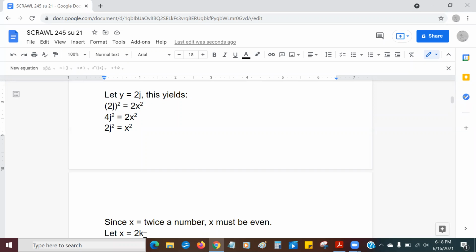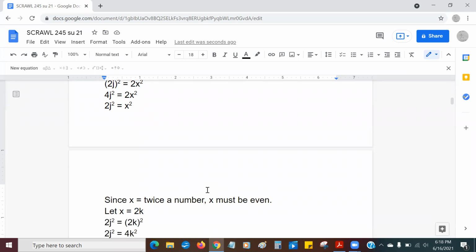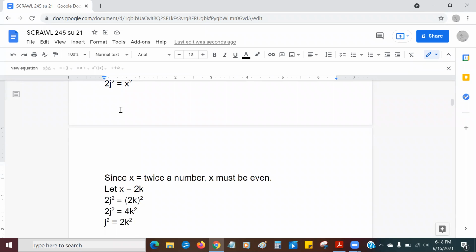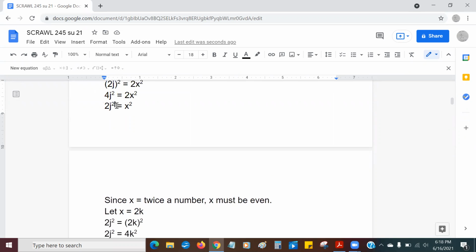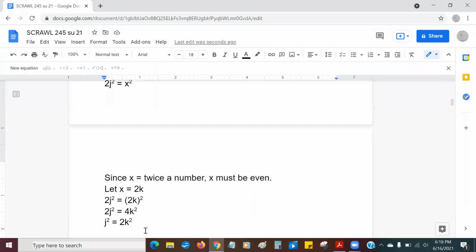So let x equal 2k. I do the same thing: 2j squared equals x squared, but x is 2k, so 2j squared equals (2k) squared. Expand the parentheses and divide both sides by 2, and I get j squared equals 2k squared.